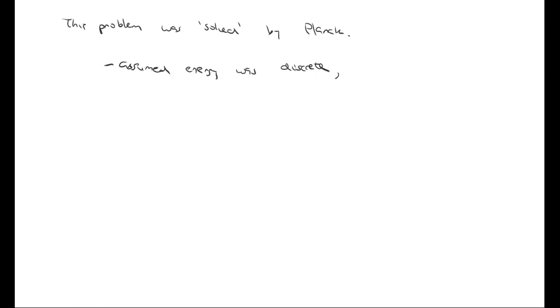You can't have any level you like, but only certain levels were allowed for energy. So it's like saying, you can have one energy, you can have two, but you can't have 1.5, which we think is ridiculous because our experience of the world suggests that energy could be any sort of value.